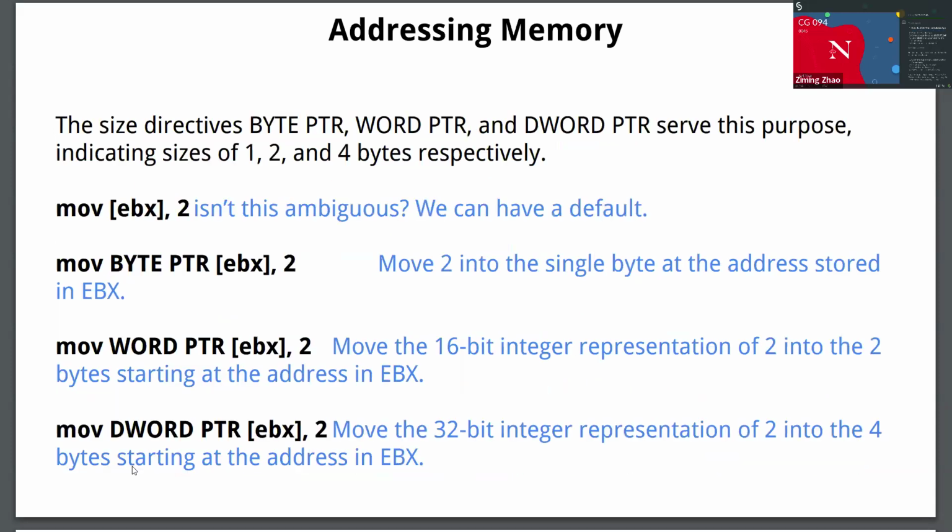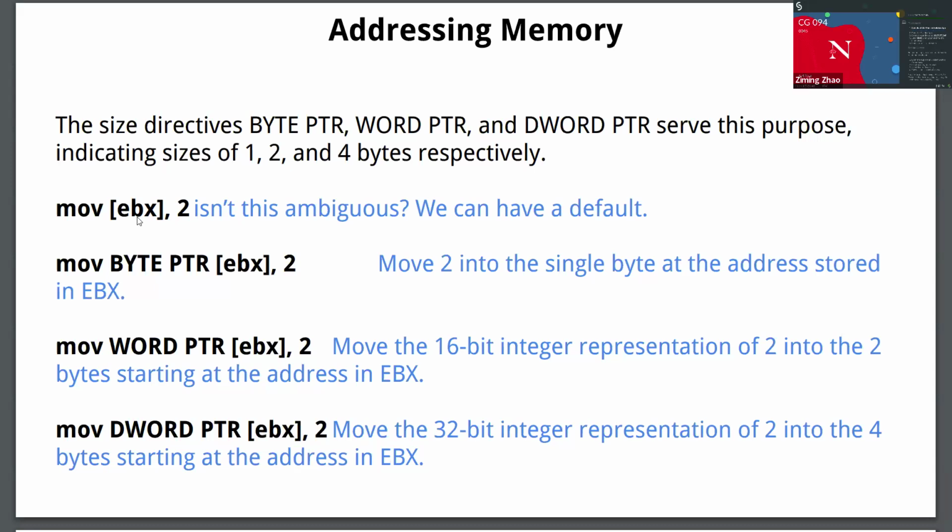Good. Sometimes some instructions can be a little bit confusing or ambiguous. Let's say this instruction: move the immediate value 2 to the memory location EBX. What can be confusing here?